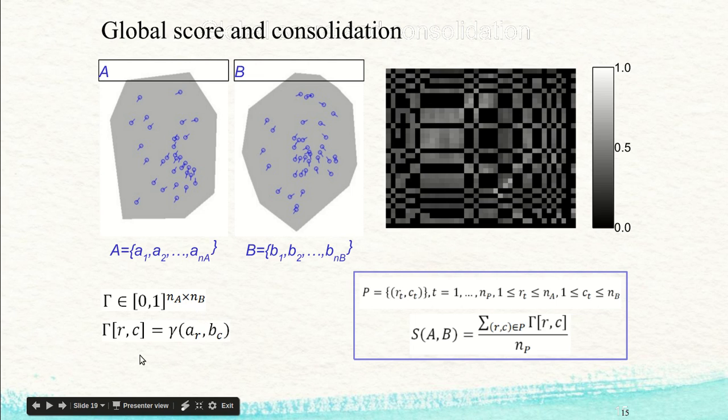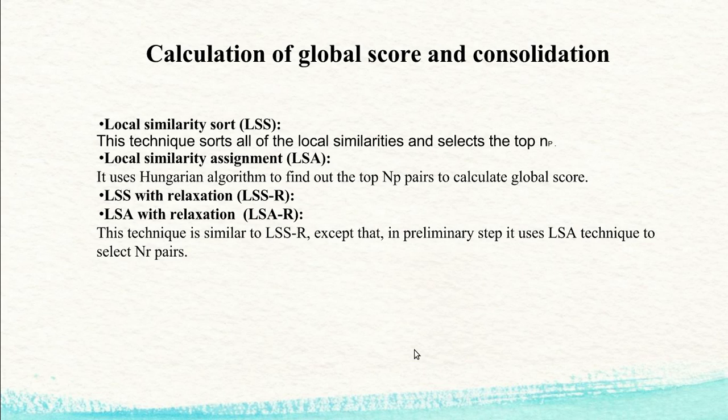Now we need to calculate gamma of AR comma BC over all the elements. The simplest algorithm to calculate this is just to sort all the pairs and select the top NP pairs. The NP pairs we need to define.